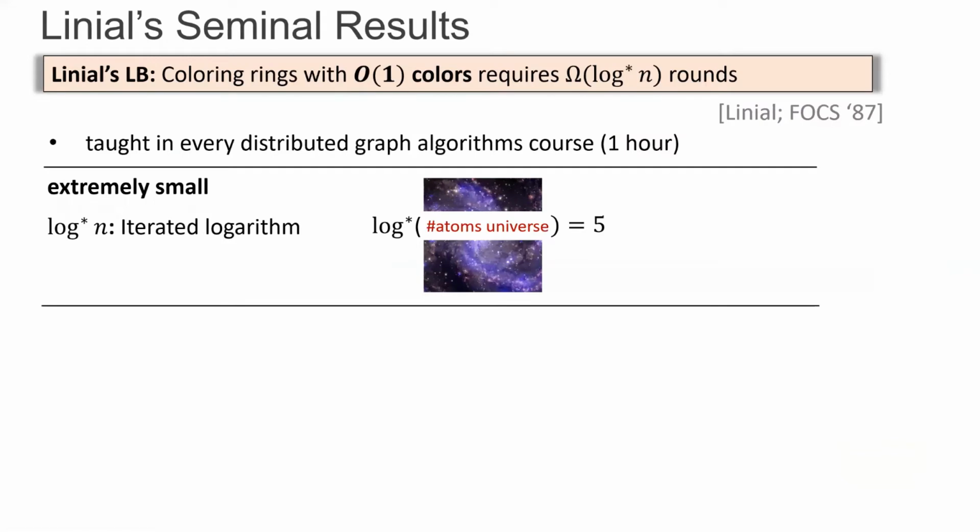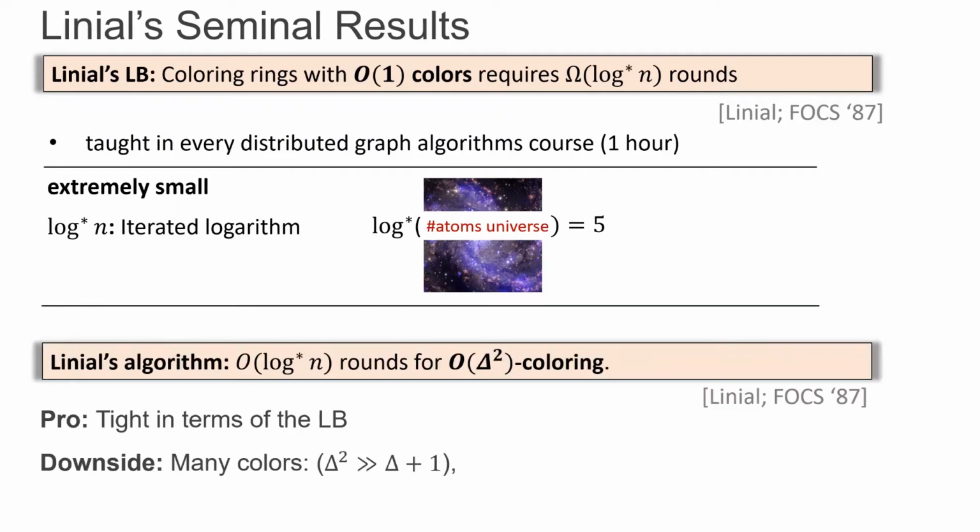This goes back to the first paper in the area which introduced this model. This goes back to a lower bound of Linial, who showed that to color a ring with a constant number of colors, or you can think of this also as poly delta colors because rings have constant degree, requires log star of n rounds. So this means this log star of n term cannot be avoided.